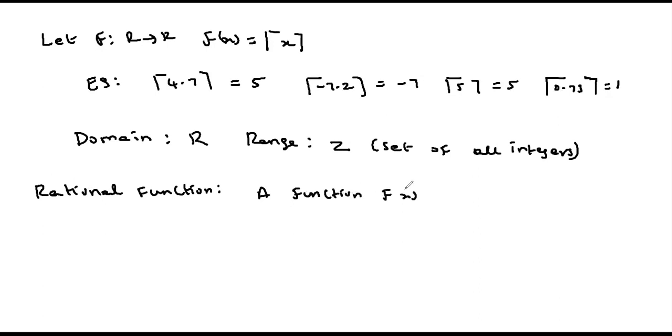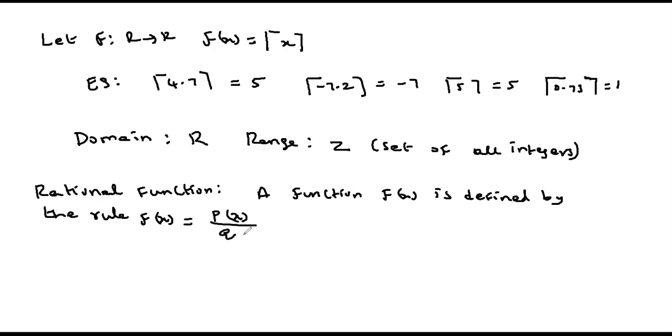A function f of x is defined by the rule f of x is equal to p of x by q of x, with q of x not equal to 0, is called the rational function. Okay ma?